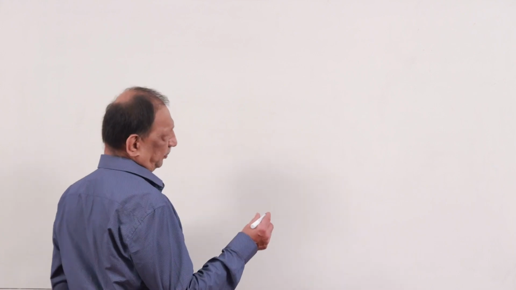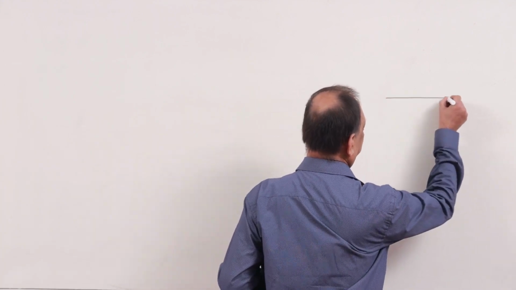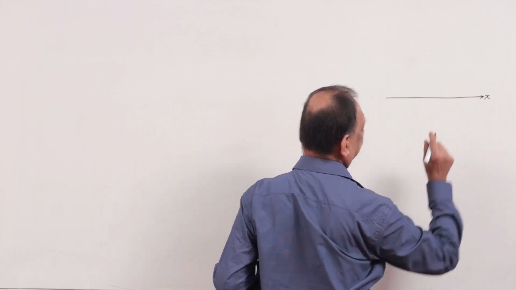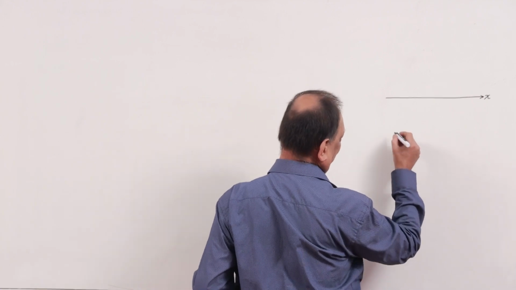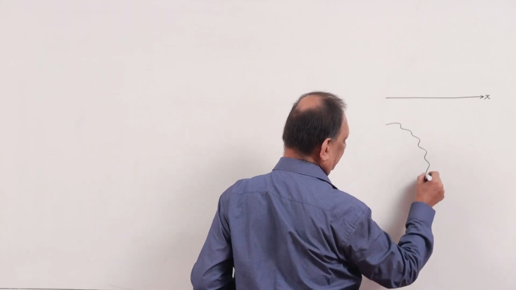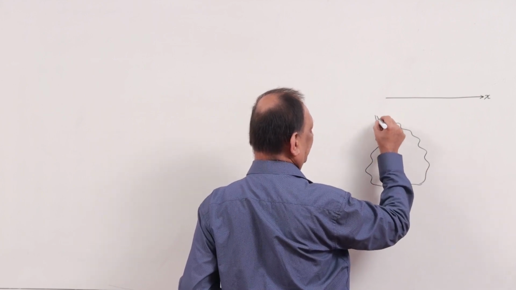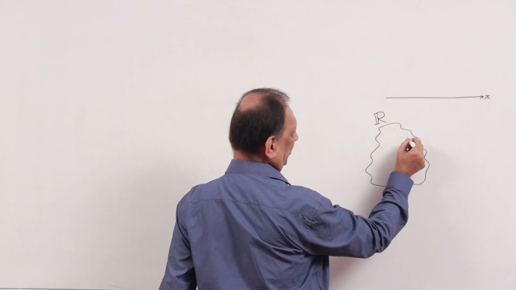If you look at a plot or graph of any function, any function f is a mapping. That means I have the entire real number set, an infinite number of points.